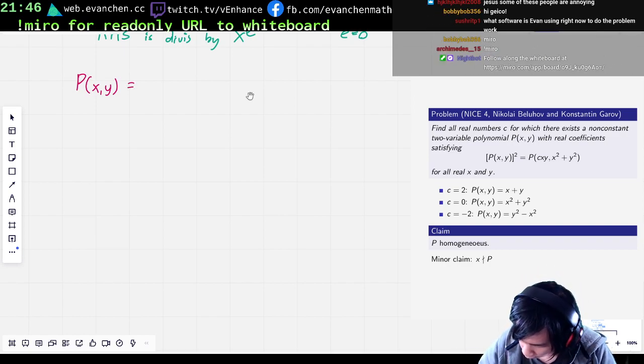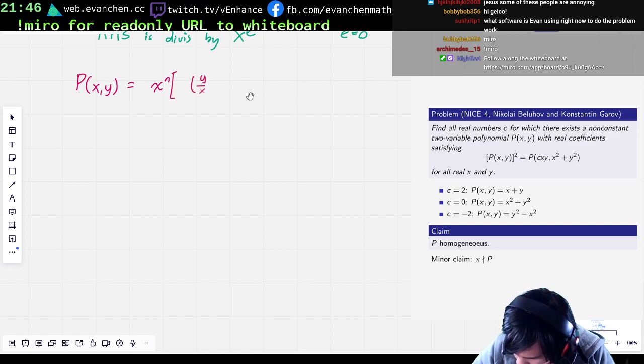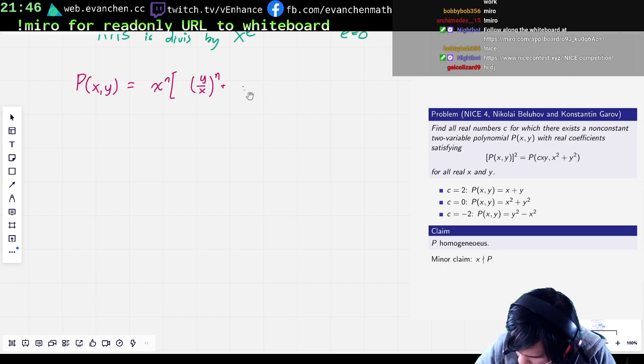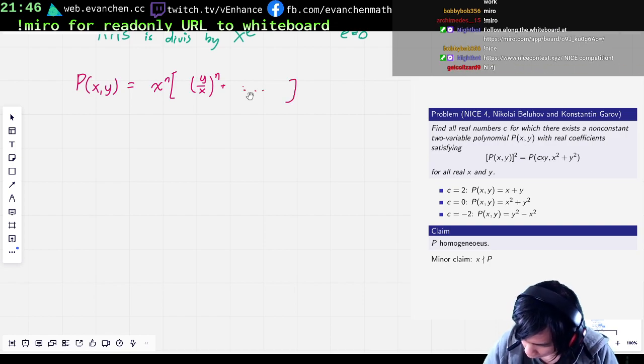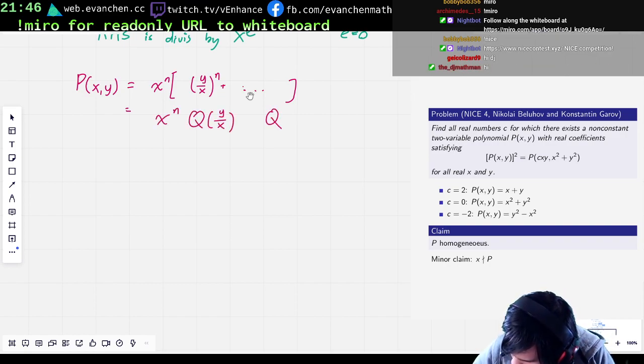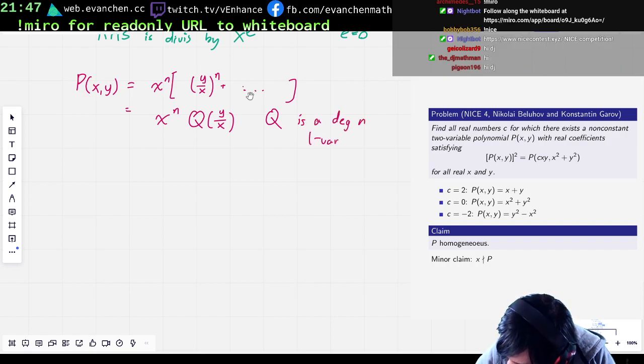So it's like x to the n times y to the n plus some other terms. You can think of it as x to the n times q of y over x, where q is a degree n one-variable polynomial.